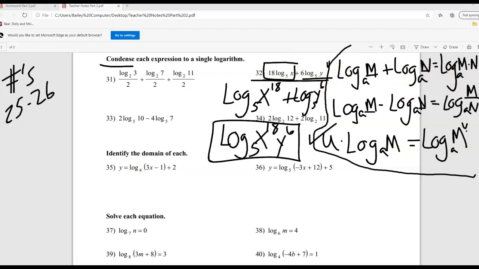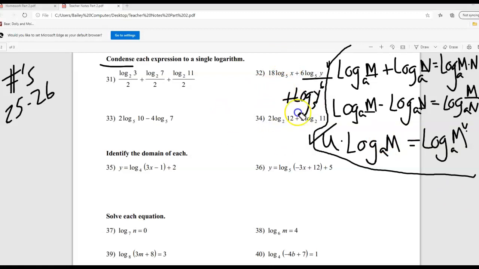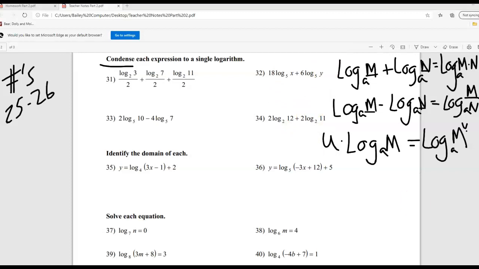Okay, let's do one kind of similar to that. All right, let's take a look at number 33. So first of all, we're going to start by applying rule 3 again, right? So I'm going to take this 2 in the front, and I'm going to make that a power on the 10.